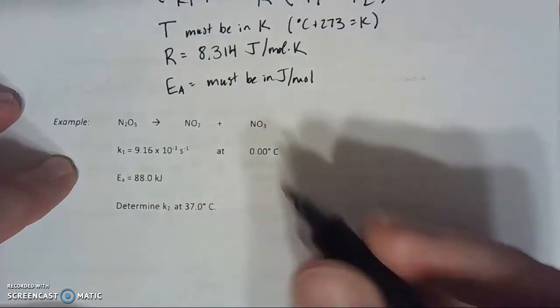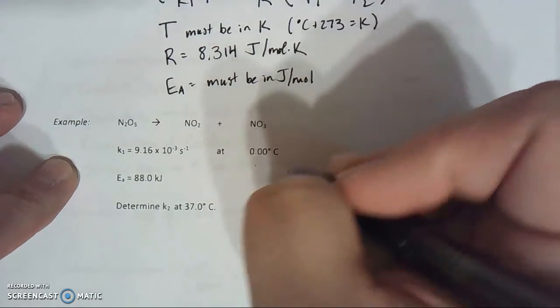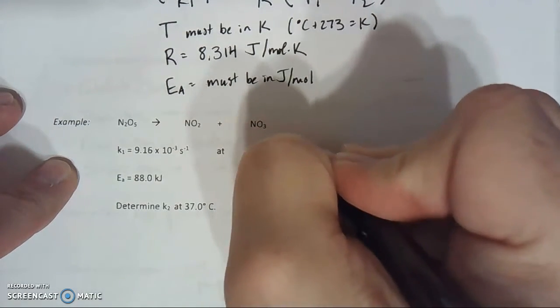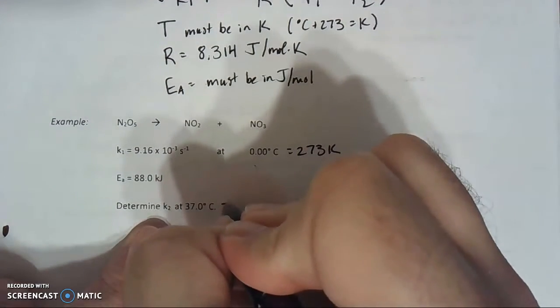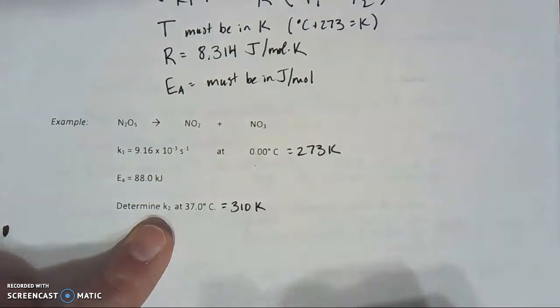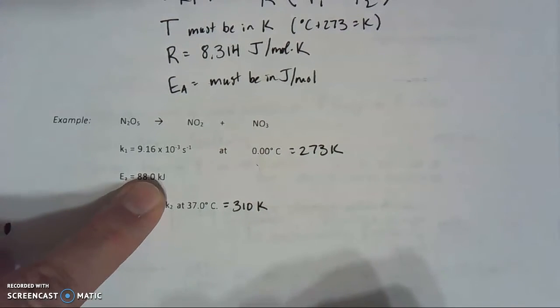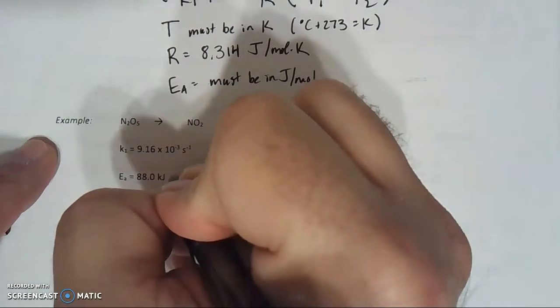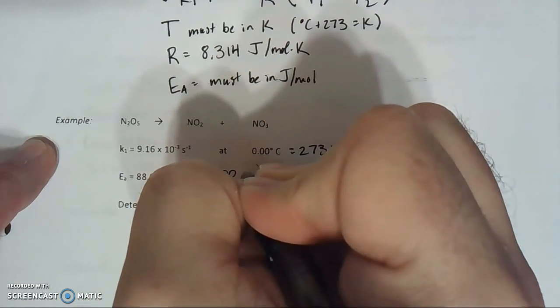So temperature must be in Kelvin. 0 degrees Celsius is 273 Kelvin. 37 degrees Celsius is 310 Kelvin. The other thing we have to make sure of is our E sub A, which is in kilojoules. We have to change that to joules, so it's 88,000 joules.